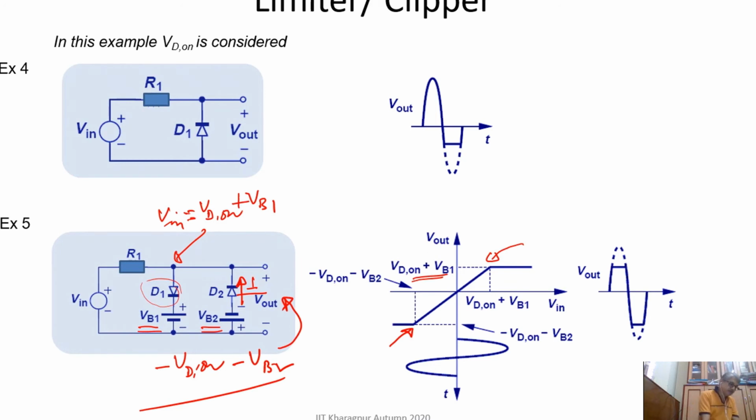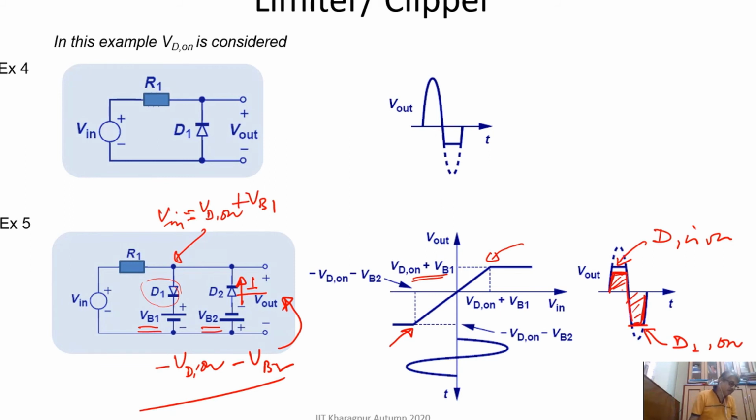So you see here D1 is on and here D2 is on, okay, but in this part both the diodes are off. So the input signal is coming to the output.